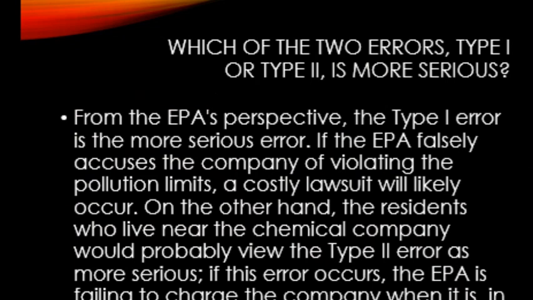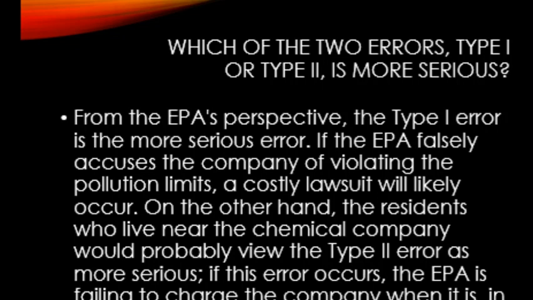Okay, here is why type 1 is considered more serious. The argument could go in either way, but type 1 is what we will deal with. If you are looking from the EPA's perspective, type 1 error would be when the EPA falsely accuses the company of violating the pollution limits. So this would backfire, it would end up in a costly lawsuit.